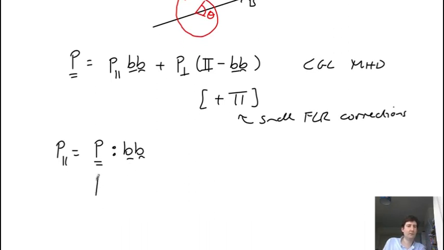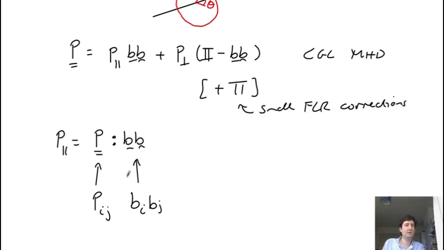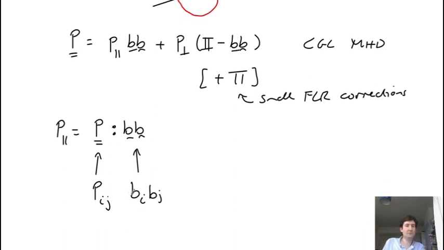This here is P_ij, so it has two indices. This is B_ij, two vectors next to each other, so we call this a rank 2 tensor with two indices. Double dot just means essentially the dot product of the first index of this with the first index of that one, and the second index with the second index. So this double dot just means it contracts both the first and second index like this.